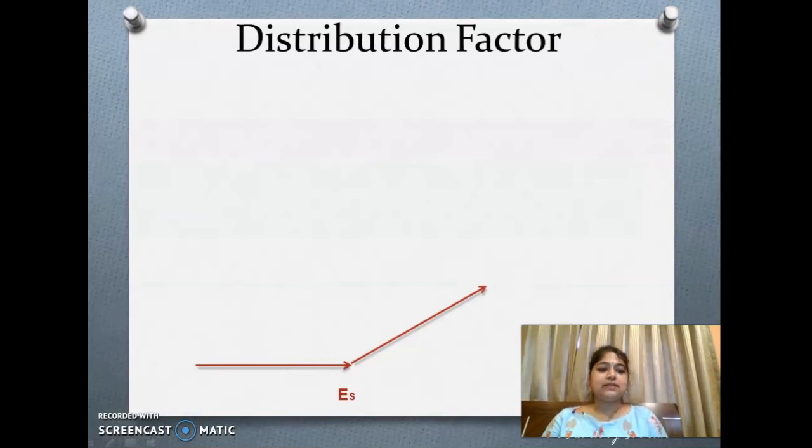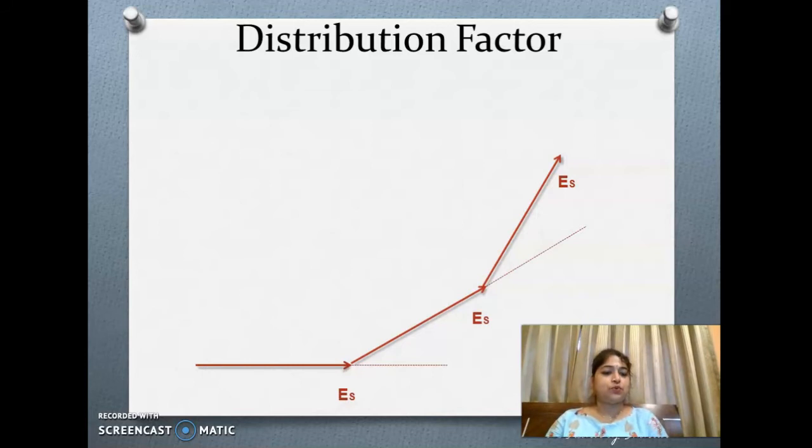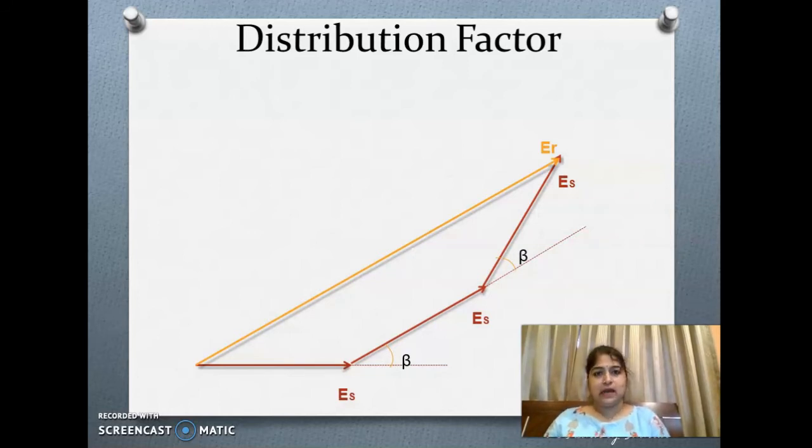Then this is the EMF induced in the third conductor, which is again displaced by angle beta. This is just as I told you in the last slide, right? So these are the 3 EMFs induced in 3 conductors of the 3 slots, displaced by beta degrees, and the total EMF induced, that is the phasor sum, is given by ER for the combination of those distributed windings.